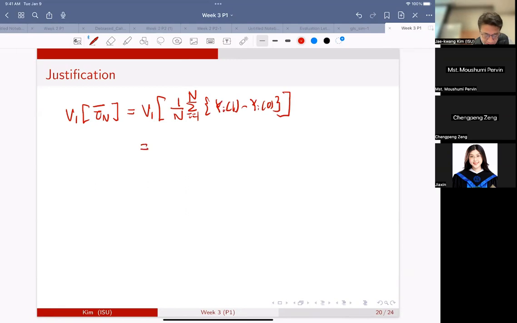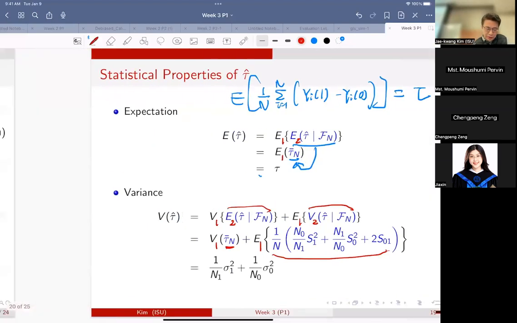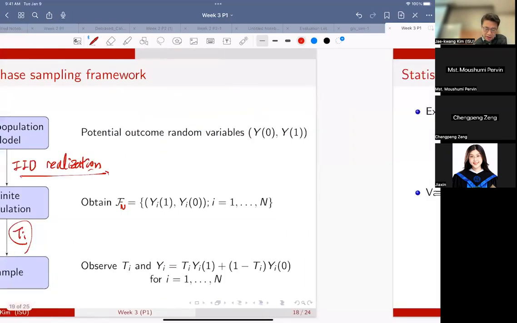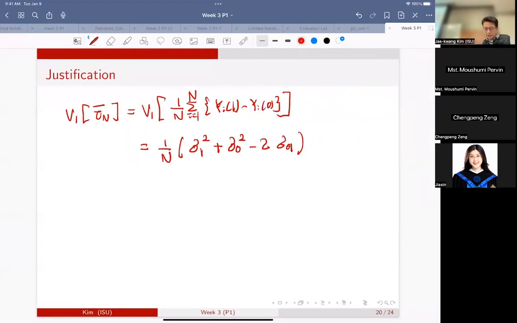So that is actually fairly easy. So we use this model, right? Under this model, we will get this one.